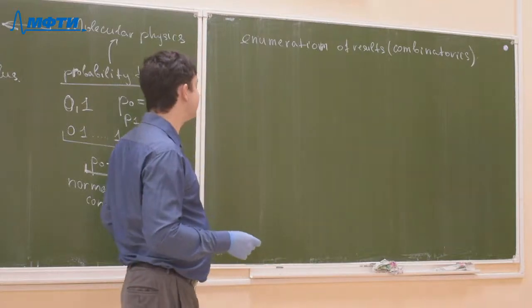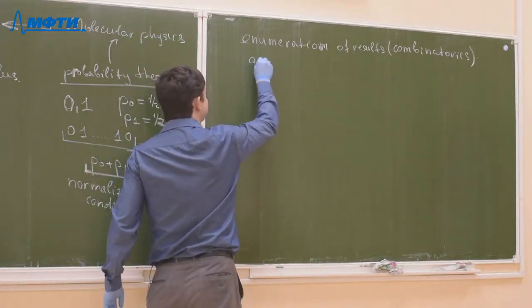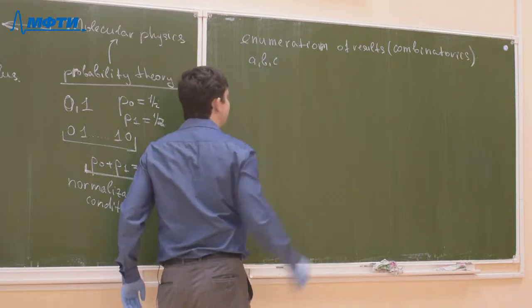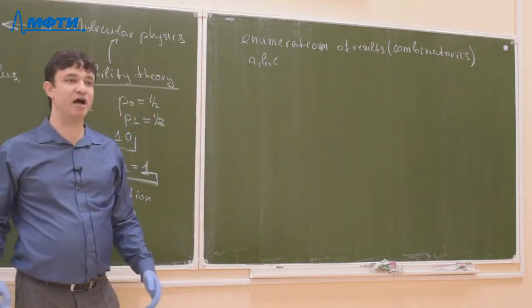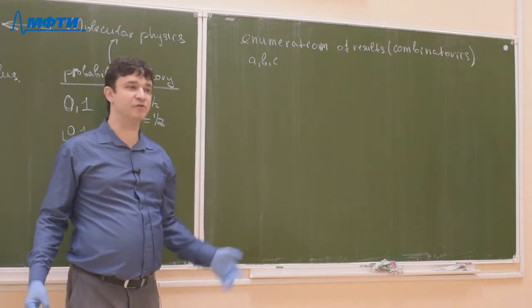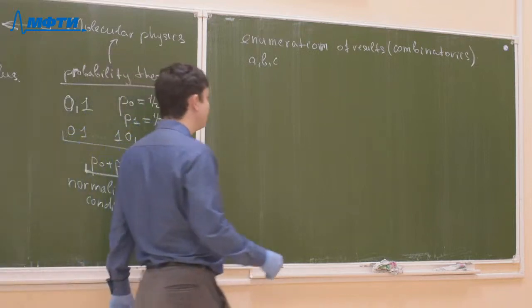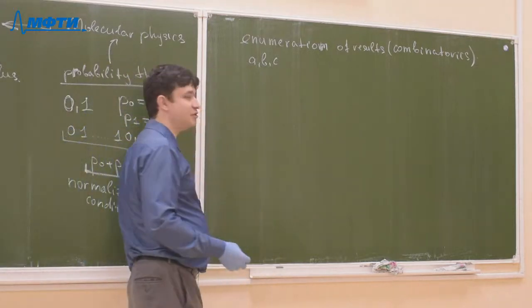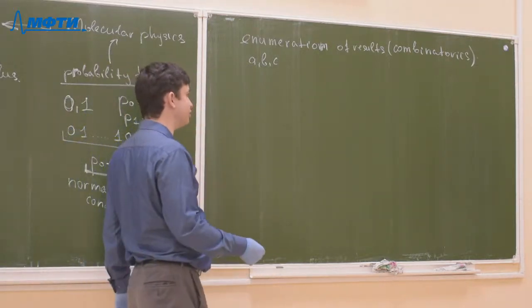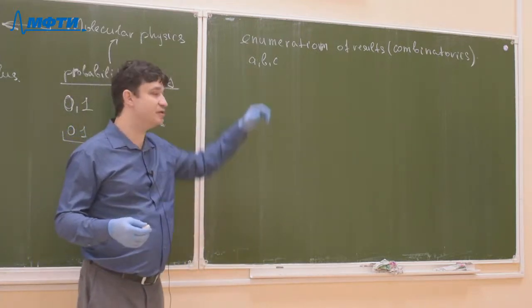For example, let's say that we have a set of 3 letters, A, B, and C. And we want to answer the question, how many words can be composed out of these 3 letters? And of course, we need to specify some more conditions. So we need to understand how we are allowed to compose the words with these letters.